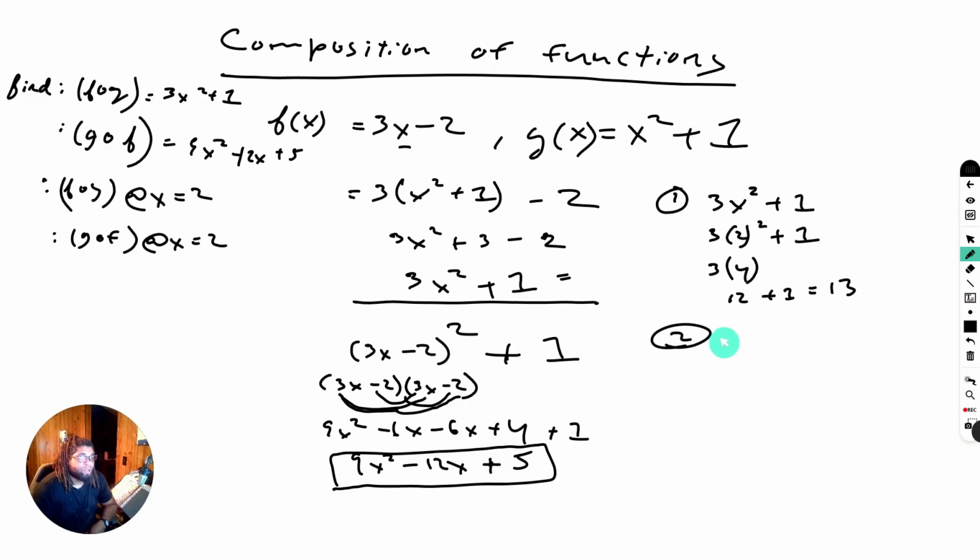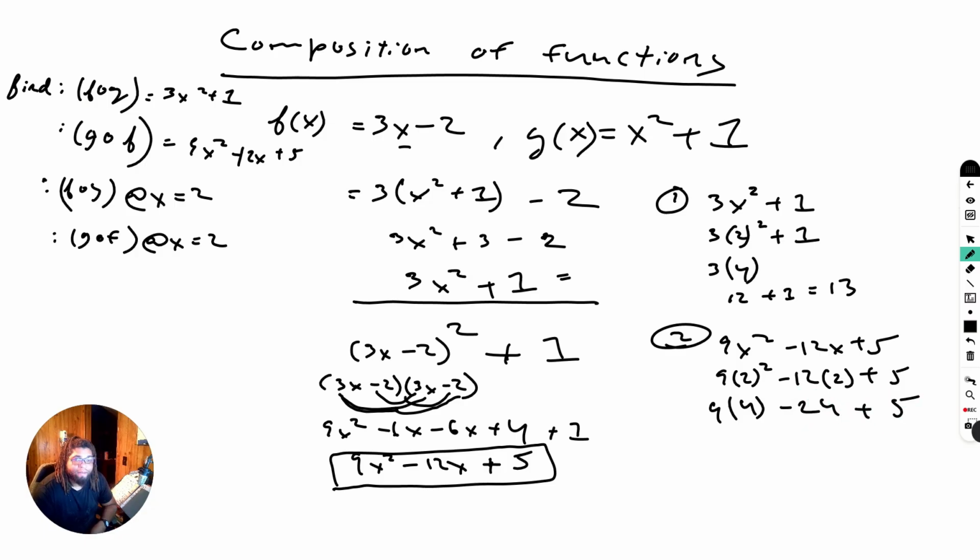And then for the second, we're going to do 9x squared minus 12x plus 5, replace the x with a 2: 9 times 2 squared minus 12 times 2 plus 5. 2 squared, or 4, is now going to be replaced there, minus, this is going to be negative 24, plus 5. 9 times 4 is going to give us 36, minus 24, plus 5. 36 minus 24 is going to give us 12, plus 5 is going to give us 17.